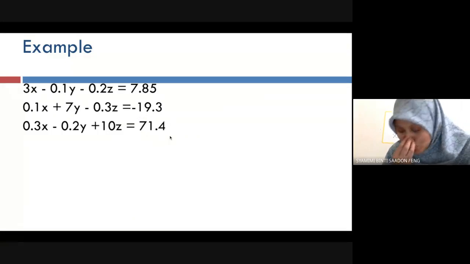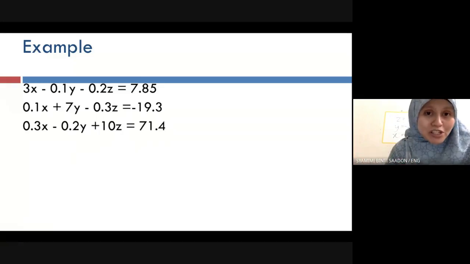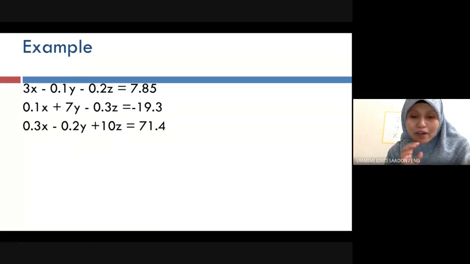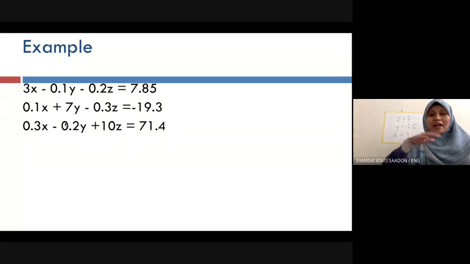We will only try to do the first step, decomposition of matrix A in terms of lower and upper triangular matrix. So try to decompose matrix A in terms of L and U, matrix L and matrix U. Later on, I will ask what is your matrix L and U. I will not ask the solution X, Y, Z anymore. So we just want to know the LU decomposition.